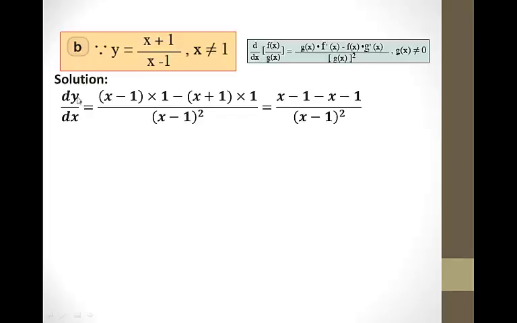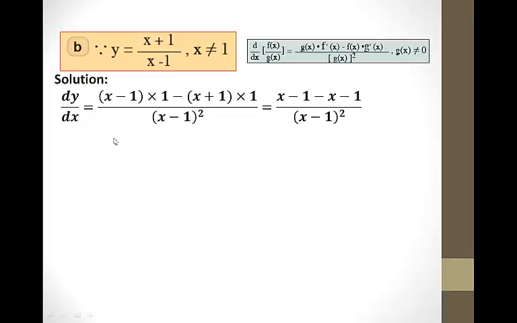Solution: dy by dx equals the denominator x minus 1 multiplied by the derivative of x plus 1, which is 1. The derivative of x is 1 and the derivative of 1 is 0, we don't write it. Minus the numerator x plus 1 multiplied by the derivative of the denominator which equals 1, over x minus 1 all squared, the square of the denominator.